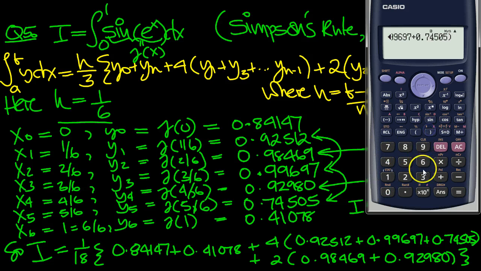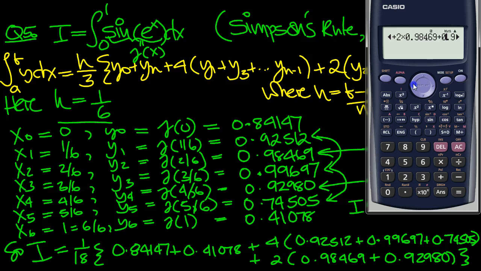Close the bracket for those three, plus 2 times these two added, 0.98469 plus this number, 0.92980. Close the bracket for that one, and then close the final bracket and calculate that.